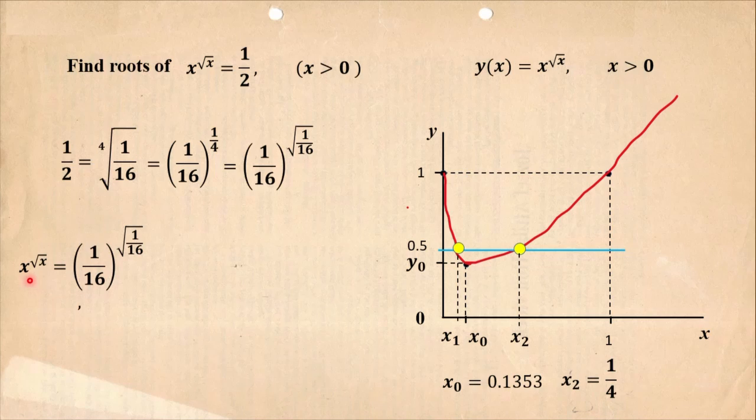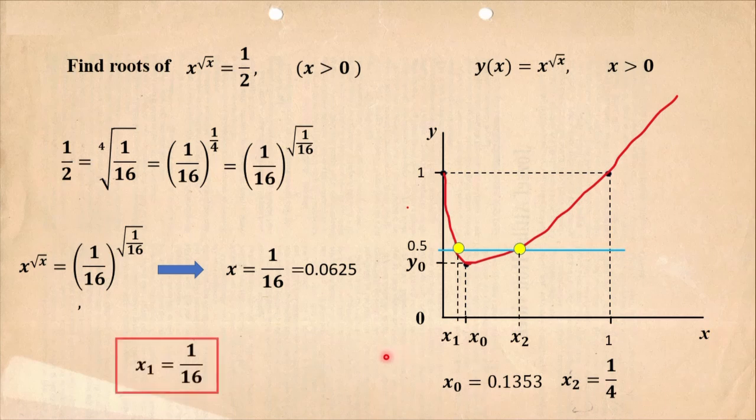We will represent the left-hand side of the equation in this form, and we see that x equal 1/16 is the root of the equation. 1 over 16 is 0.0625, and this is smaller than x0, so we found root x1.